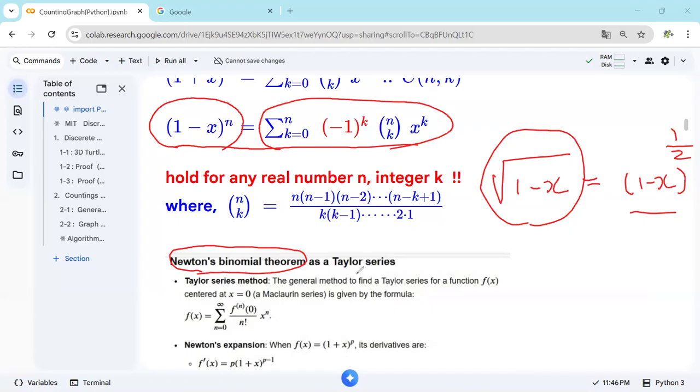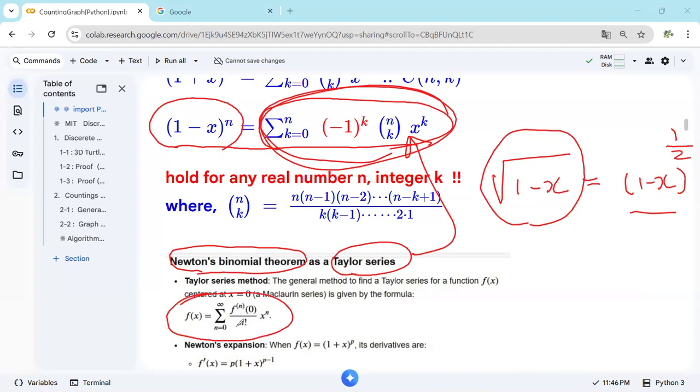And then Taylor summarized this one. This one is in fact, using differentiation, and this is the coefficient. This coefficient is in fact equal to this one. Okay? So it's very interesting.